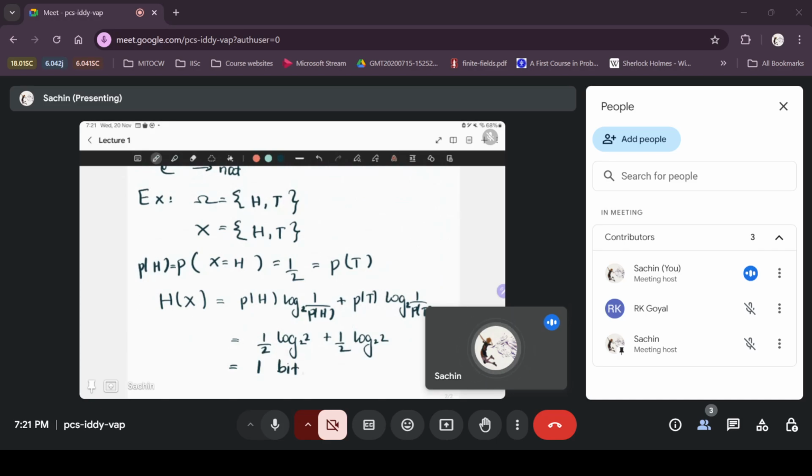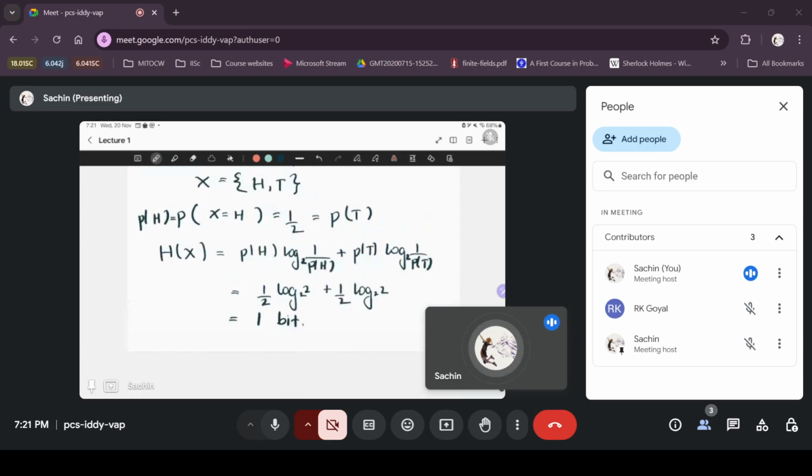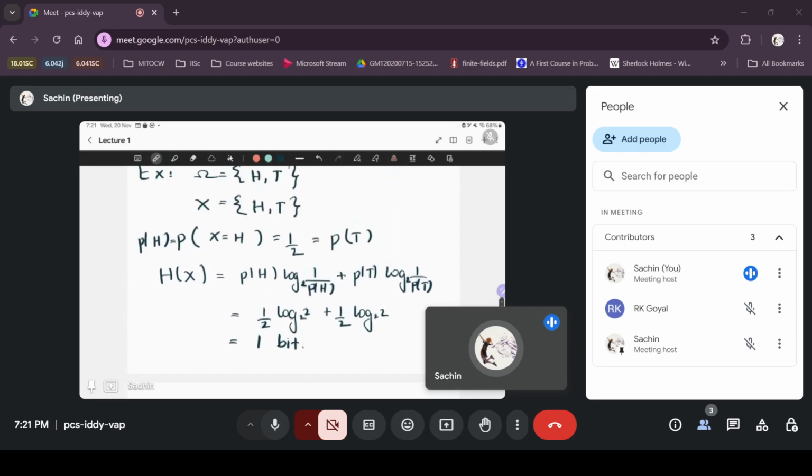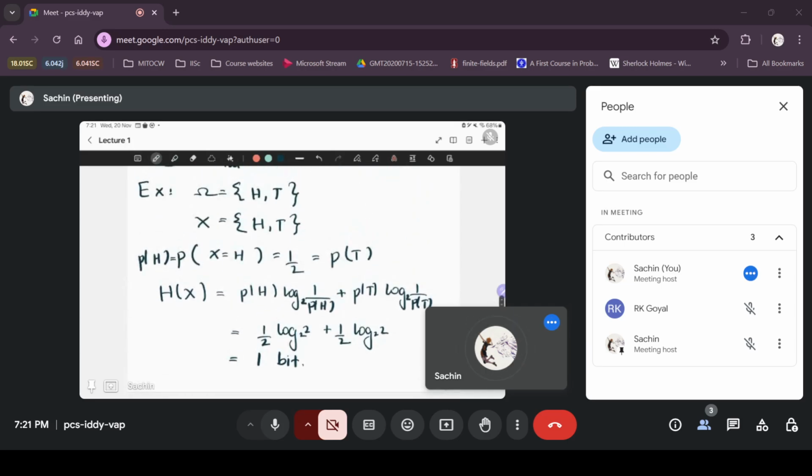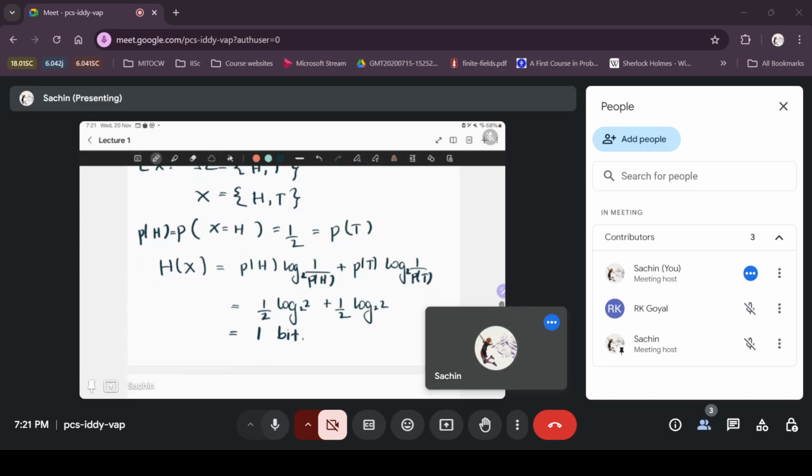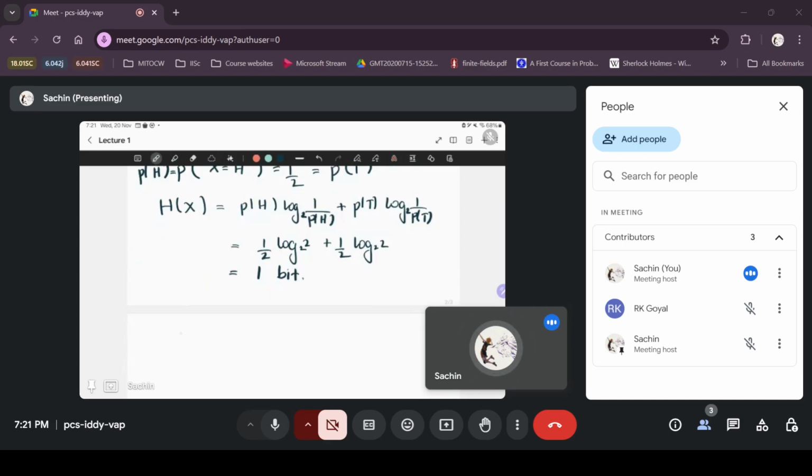The unit will be bit. So you could interpret this as saying that to represent the two outcomes, heads and tails, you will need at least one bit. So you could say head is 0 and tail is 1. In this way, you could represent it as a binary sequence using only one bit.